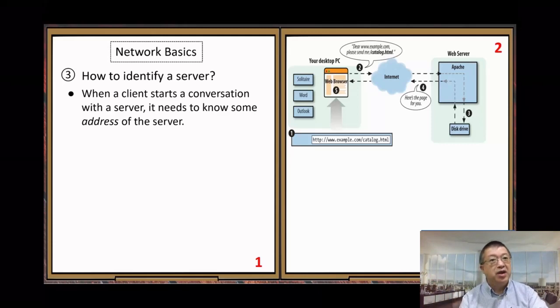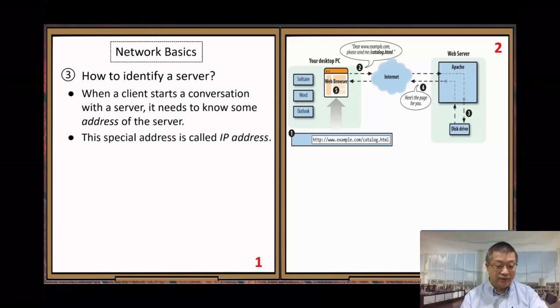So what is that address? Many of you may know that. That is the IP address. IP here means Internet Protocol, some low-level protocol.